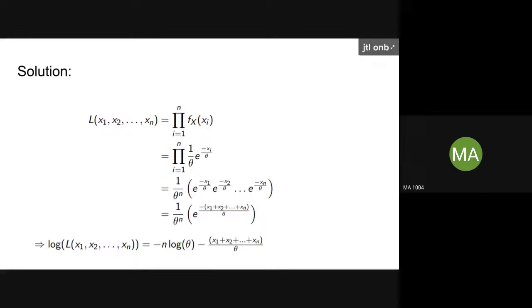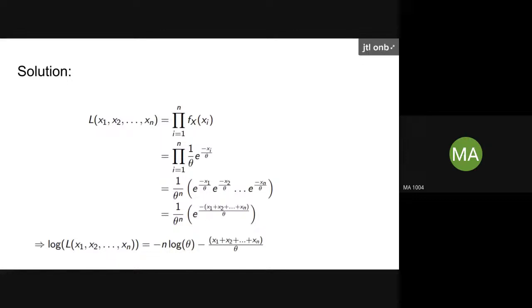If you are confused and don't want to see more variables here, just substitute x1, x2, and so on, whatever values are given. So you will get 1 by theta power n into e power minus (x1 plus x2 to xn) divided by theta.